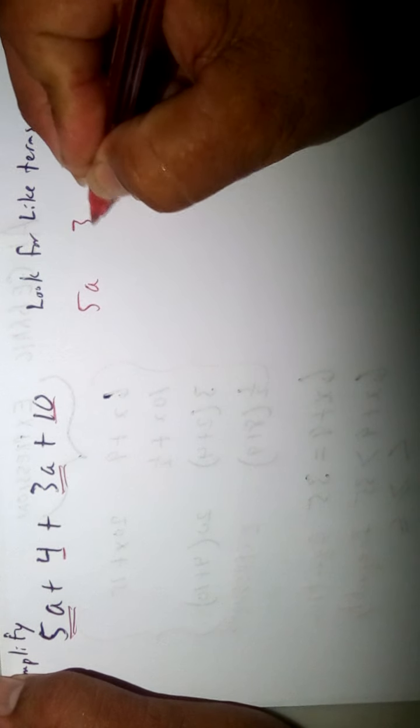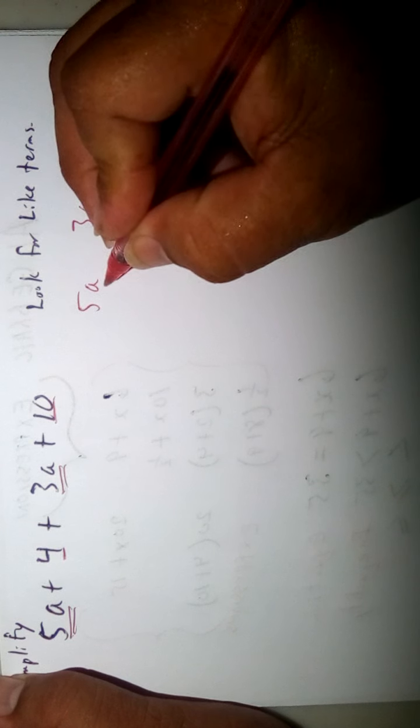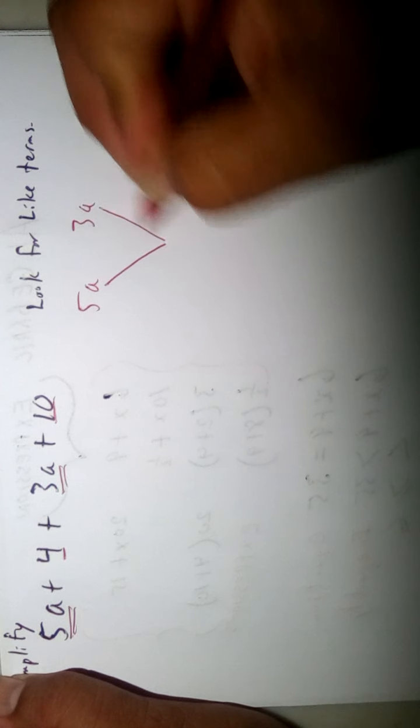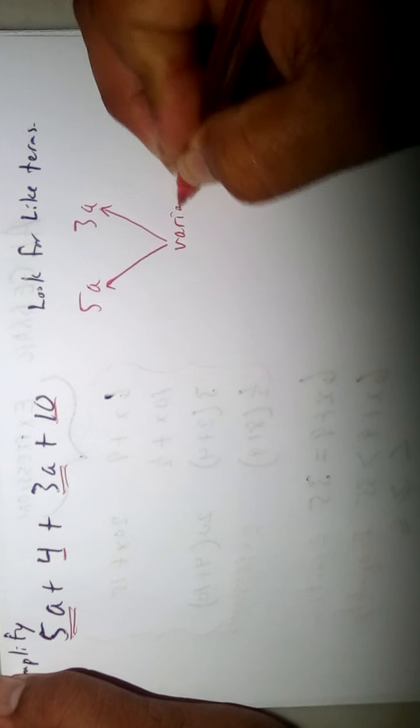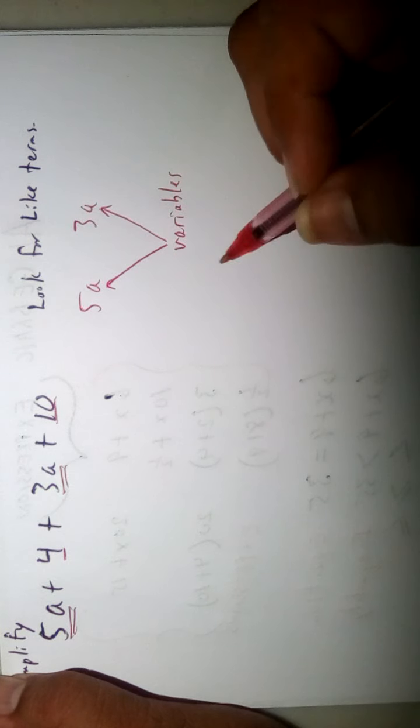So let's look at the first two, these two here. What does this mean? 5a, as well as 3a, they have the a's, and these a's are known as the variables, and they are like variables because they both have a to the same power.